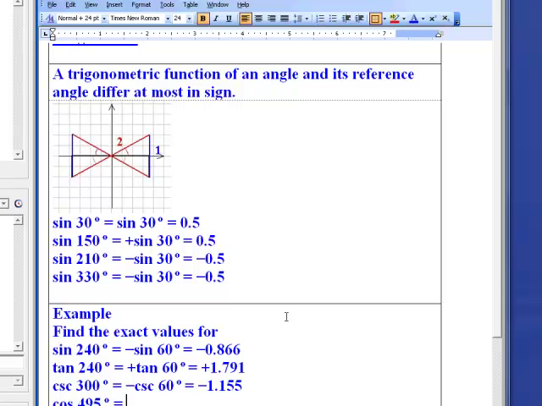And for some reason I didn't write down the negative on my sheet here, but that's correct, right? Cosecant, yeah. Okay, and cosine 495 degrees is the same as the negative cosine of 45 degrees, negative cosine of 45 degrees, which is negative 0.707.